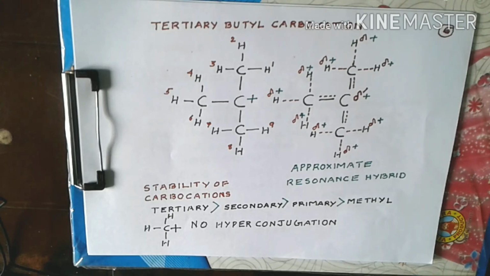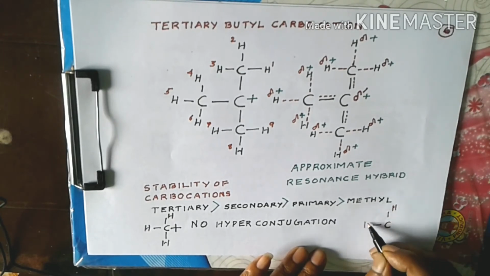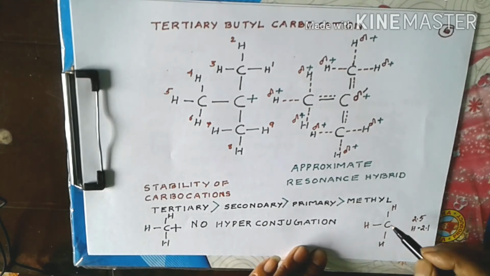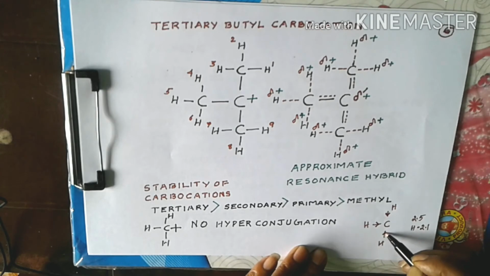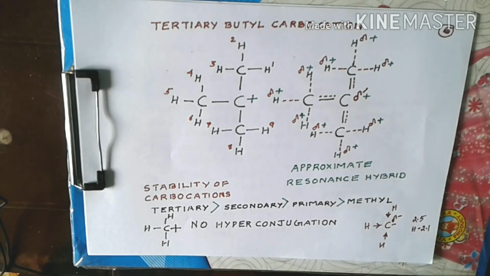For ethyl carbocation, we have one methyl group connected to the positive carbon, and the methyl group has a carbon connected to 3 H atoms, and the electronegativity of carbon is 2.5, that of hydrogen is approximately 2.1, so that the CH bonds will be slightly shifted towards the carbon atom and polarity arises, and this carbon possesses a delta negative charge.